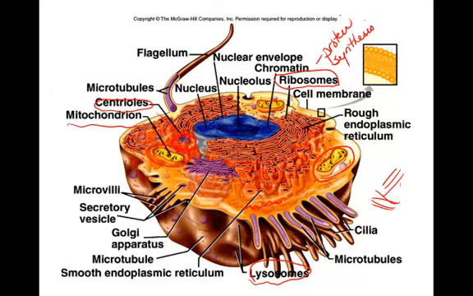Sometimes the cell will have many, and sometimes it won't have very many. They can divide if they need to. Inside of them are a number of enzymes, and that's where we make ATP. The second stage of ATP production happens in the mitochondria. When we talk about ATP, we'll come back and talk a lot about the mitochondria.